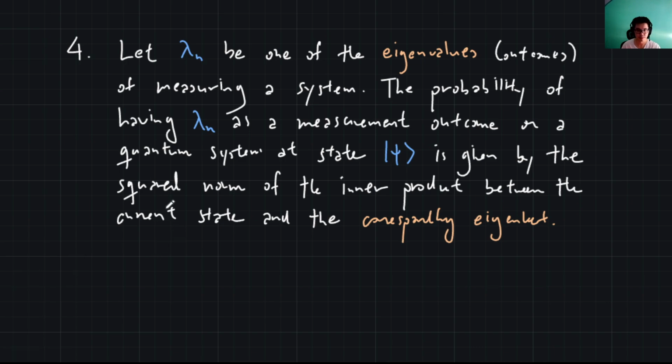So that means the probability of lambda n given psi, so measuring that, which lambda n is one of the eigenvalues of A, is equal to this inner product, let's call this A of n, with psi, then take the absolute value and square it.